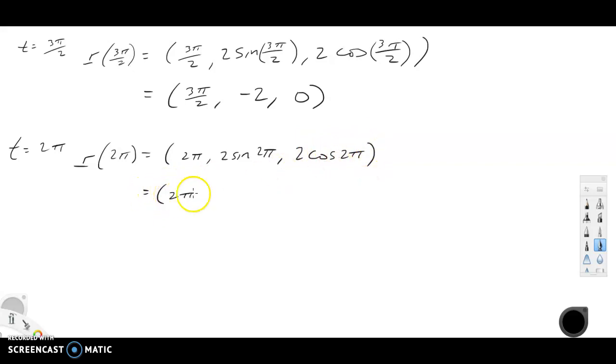So that gives us 2 pi, 2 multiplied by sine 2 pi equals 0, and then we have 2 multiplied by cos 2 pi gives us 2.